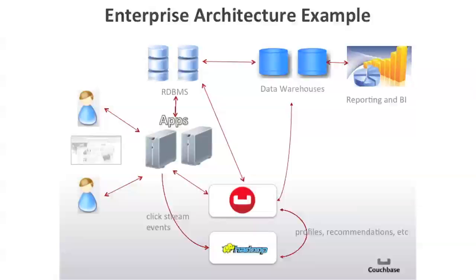So now they have started moving to Couchbase, which is a NoSQL document database. So you can see that both the systems coexist in the same architecture. Some of the data is in RDBMS, some of the data is in Couchbase. Depending upon the use cases, the application will get the information from both systems, and that's how the architecture has started evolving.